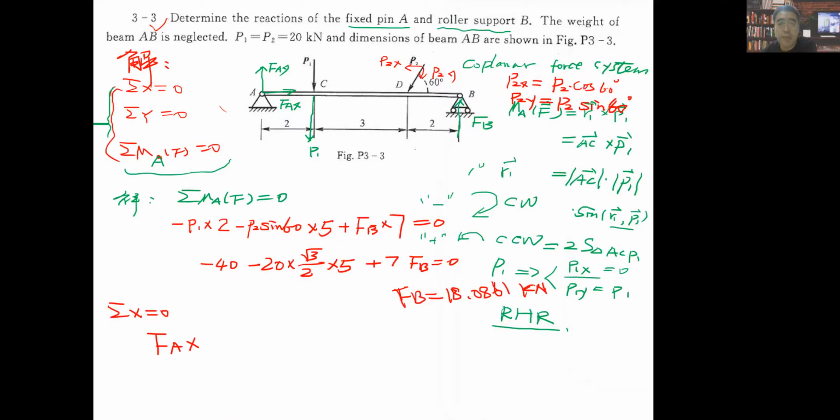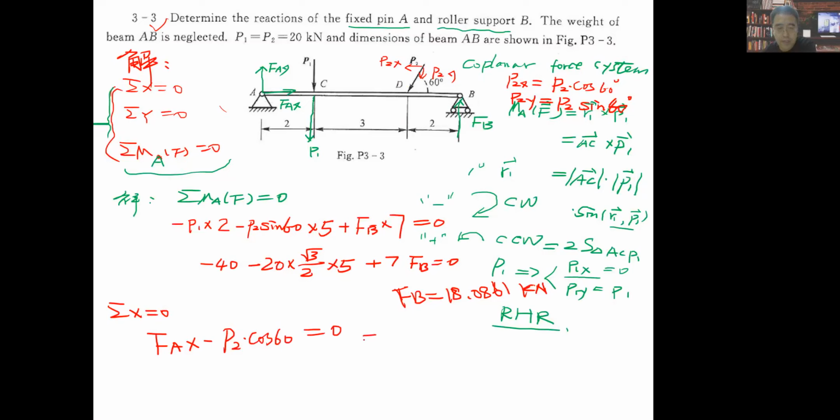So we have P second x, but its value is P second times cosine 60, and its direction is along the negative direction of the x-axis. So you should give a minus sign here: minus P second cosine 60, right? And this FB has no effect along the x-axis. So we can find FAX should just equal P second cosine 60.